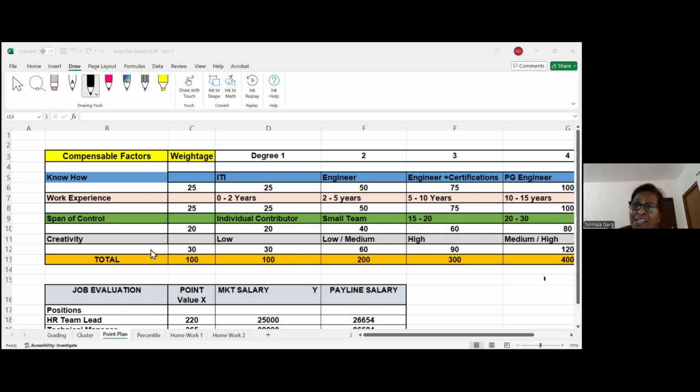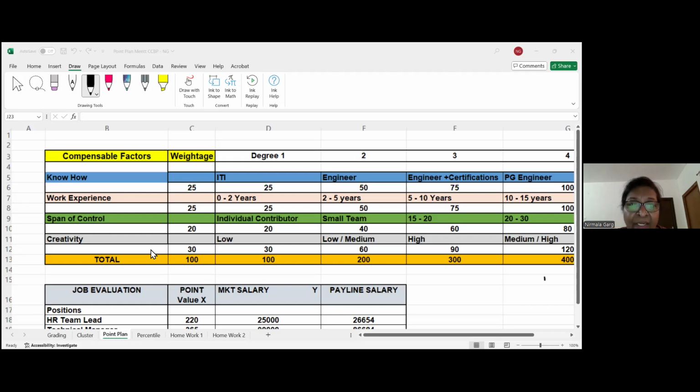A matured organization like Infosys, Wipro, etc., I'll take large numbers at an entry level. So, therefore, I will only look at know-how, whether they have the subject matter and the knowledge. So, depending on even the life cycle of your organization, you'll also consider the compensable factors.